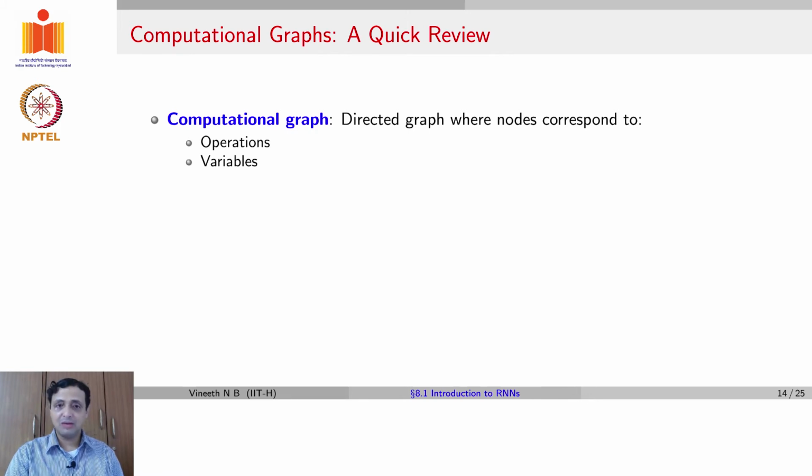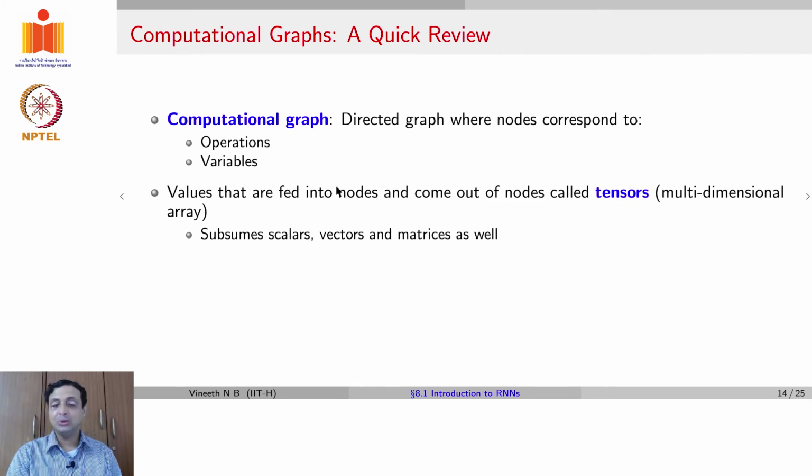A computational graph is a directed graph whose nodes correspond to either operations or variables. The values that are fed into the nodes and come out of the nodes are tensors. Tensors, recall, are multidimensional arrays, generally anything greater than 2 dimensions. A generalization of a vector would be a matrix.